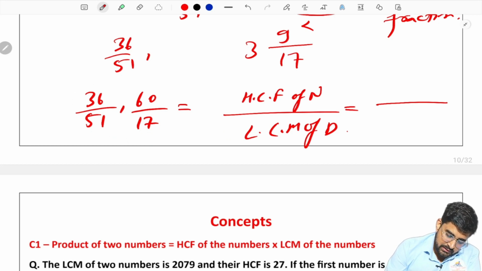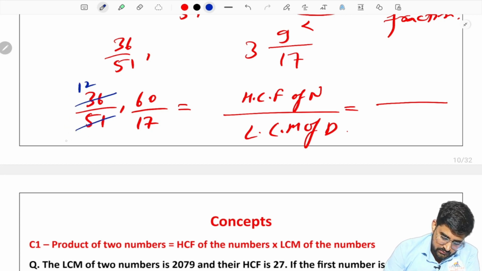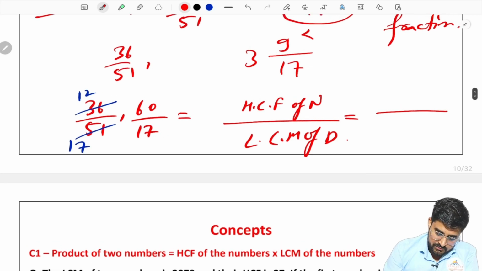They will be further divided. Now this becomes a very good question. 17 and 17, things get very easy for me, and 12 and 60. 12, correct. So the highest common factor here is 12.